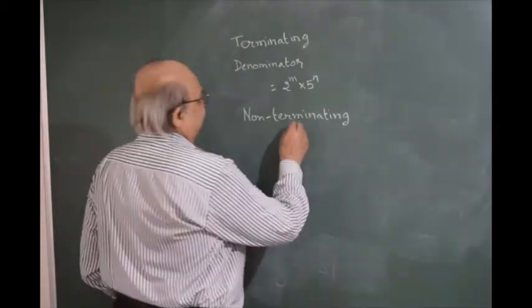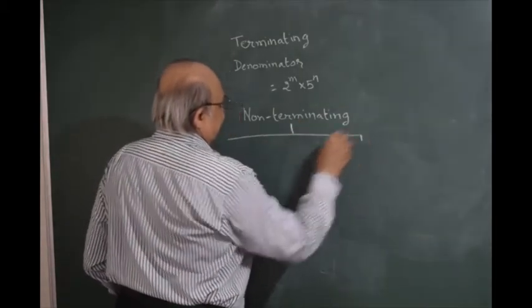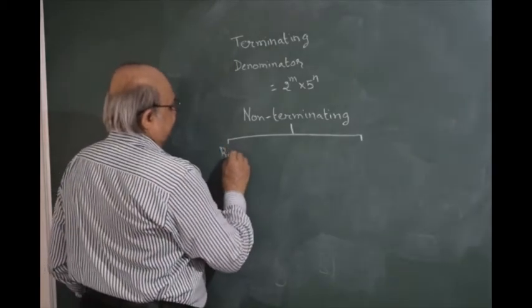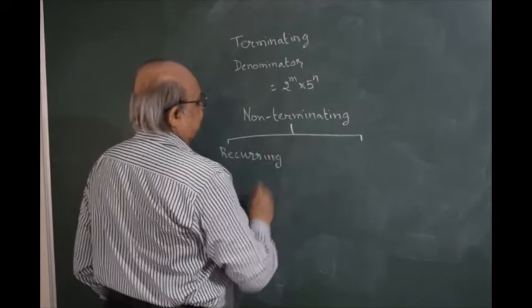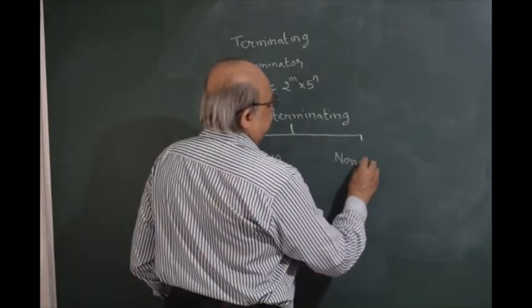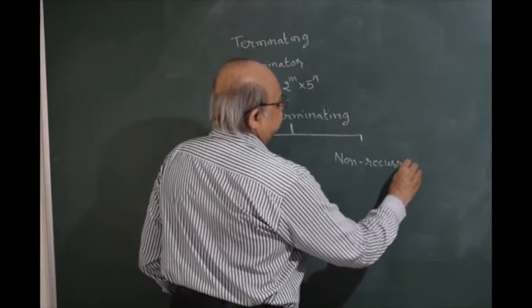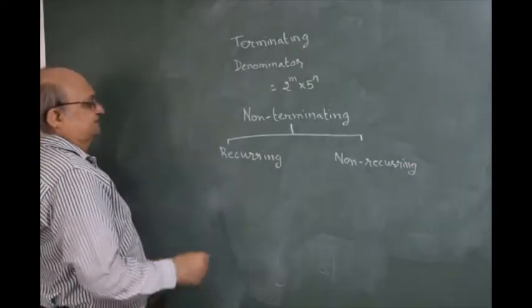Now in non-terminating decimals we have 2 types of decimals. One are called recurring decimals and the other ones are called non-recurring decimals. What are recurring decimals?